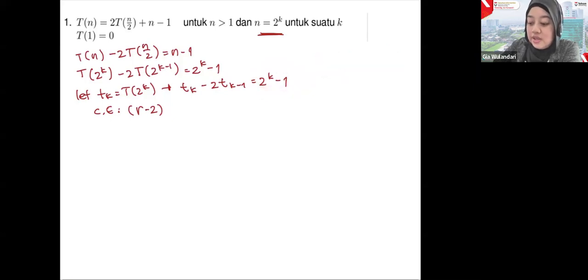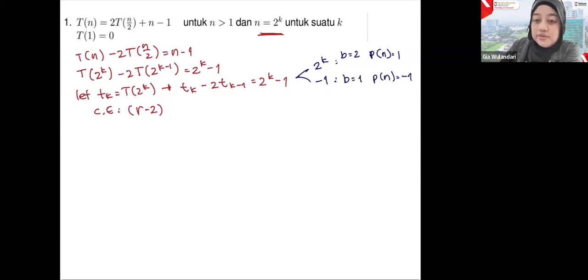So here we can divide it into 2^k and minus 1. Where for 2^k, we have b is equal to 2, p(n) is equal to 1. And here we have b is equal to 1 and p(n) is equal to minus 1. Because we can write it as minus 1 times 1^k. And this we can write as 2^k times 1. Sorry, it's supposed to be k.